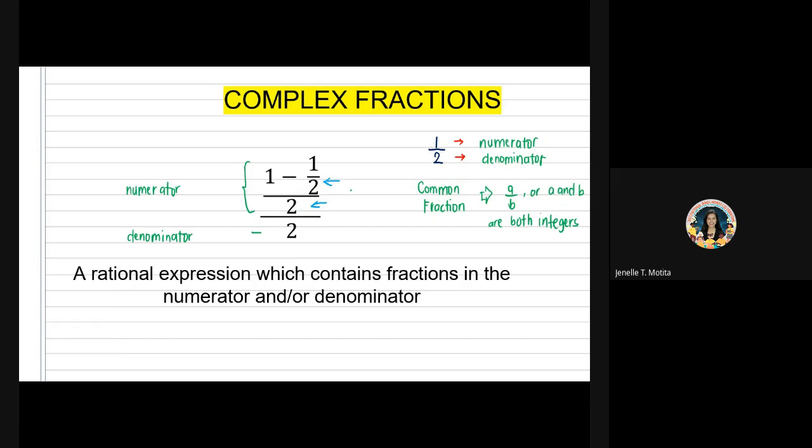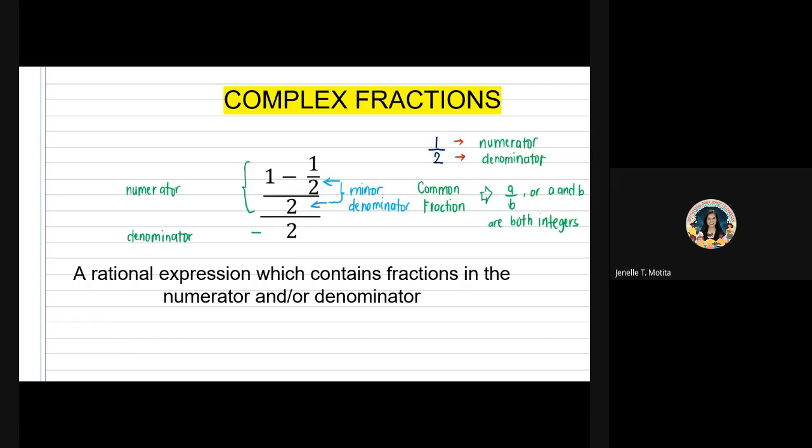Both twos here are called your minor denominators. I hope you understand this one. The twos in your numerator, which are both denominators, are called minor denominators. And these are the parts of your complex fraction.